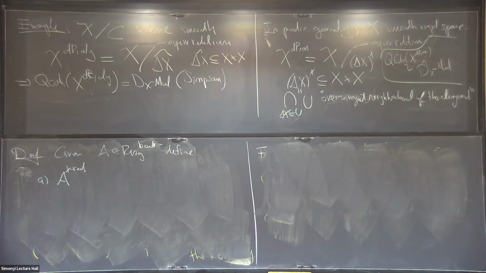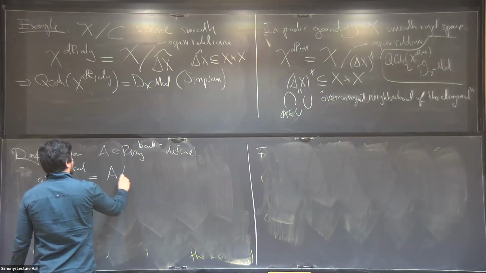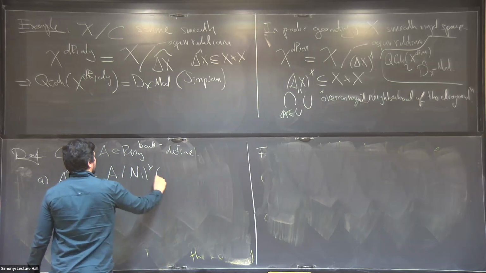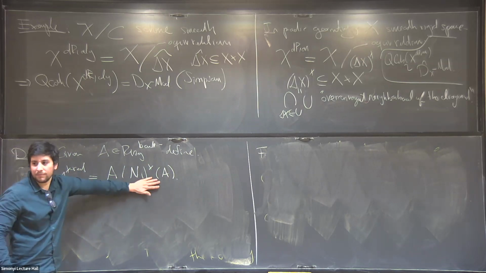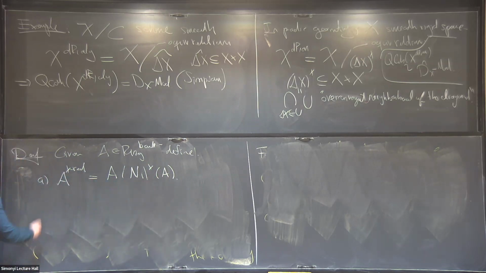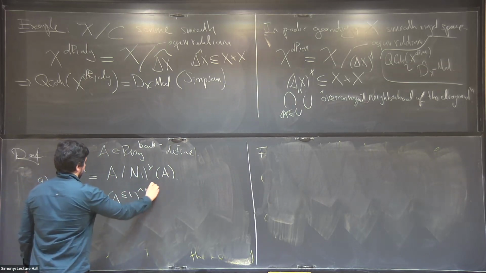It's not the completion for the spectral norm, but at least it kills the kernel of the spectral norm. Any element in here which has spectral norm zero is going to be zero. The other one is the completion for the spectral norm, the uniform completion of A, which is given by taking the p-adic completion and then inverting p.